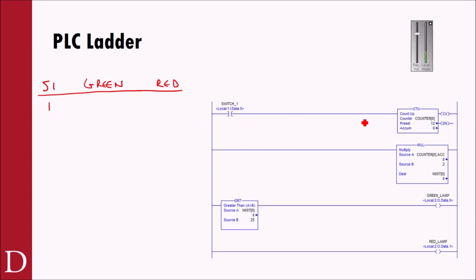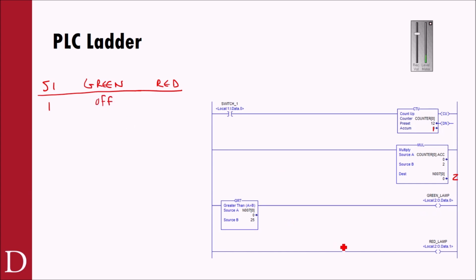So I click 1 time, the accumulated value is going to go from 0 to 1. Then I'm going to take the accumulated value in the counter and multiply it by 2. So now I've got a 2 coming out of N007. Is N007 greater than 25? No, it's not. So the green lamp should be off.